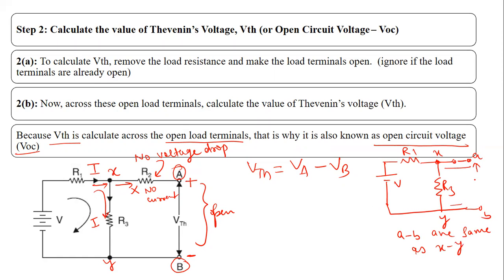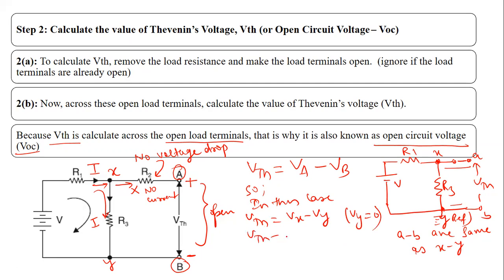So we are measuring VTH here. That means VTH will be the voltage across XY. So in this case, VTH is equal to Vx minus Vy. Vy is 0 if we consider this to be a reference node. So VTH is equal to Vx. Now Vx, what is Vx? Vx is the current through this R3 times the value of R3.